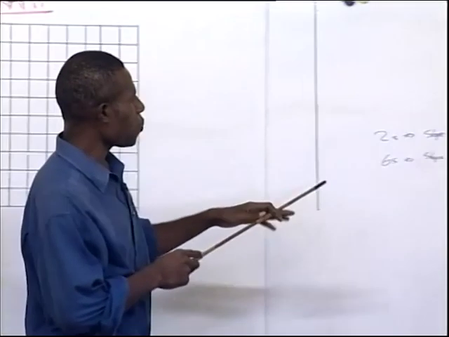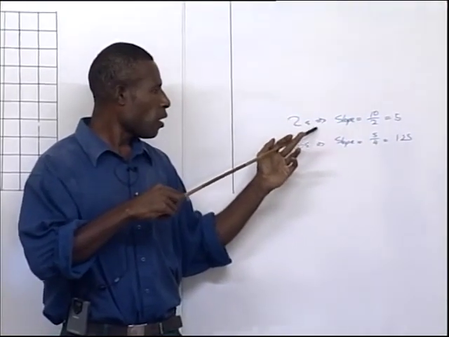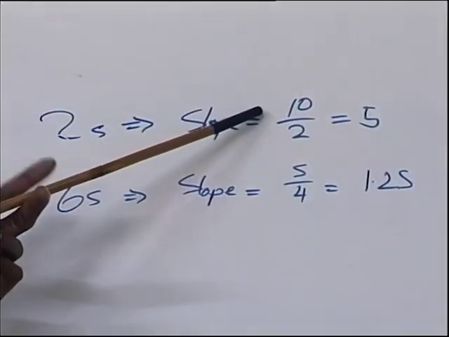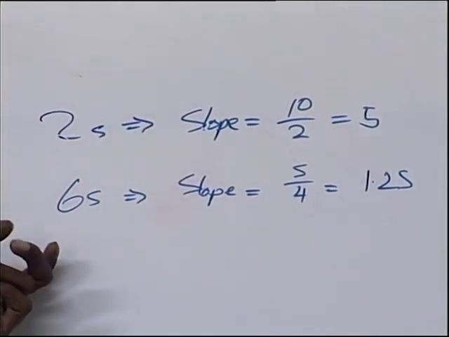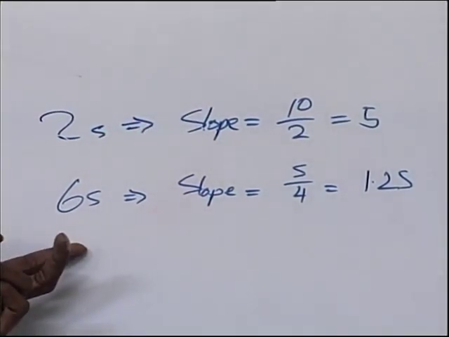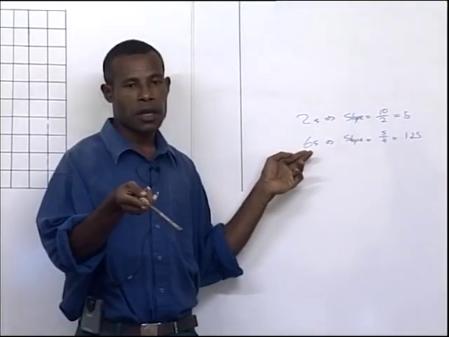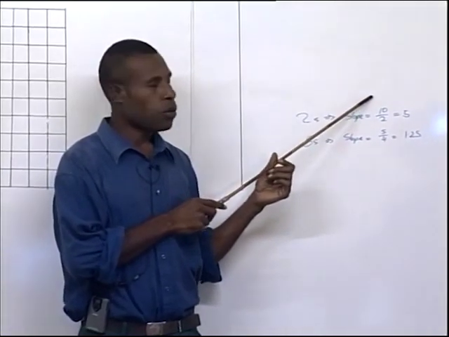All right, in the first 2 seconds, what is the slope? Kimberly, what is the formula used in calculating the slope? It is the rise over the run.